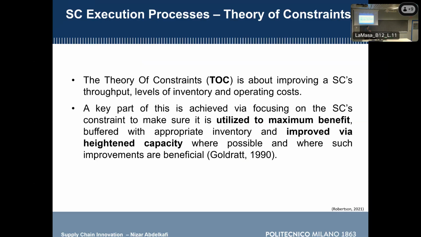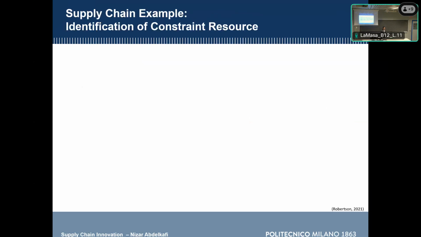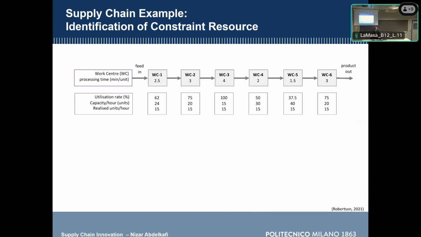Okay, it may seem a bit too much here, a bit abstract, but we will see how it works. So let's say we have this production system. We have different work centers, one after the other. Work center 1, 2, 3, 4, 5, and 6. And then we have different processing times for each work center.